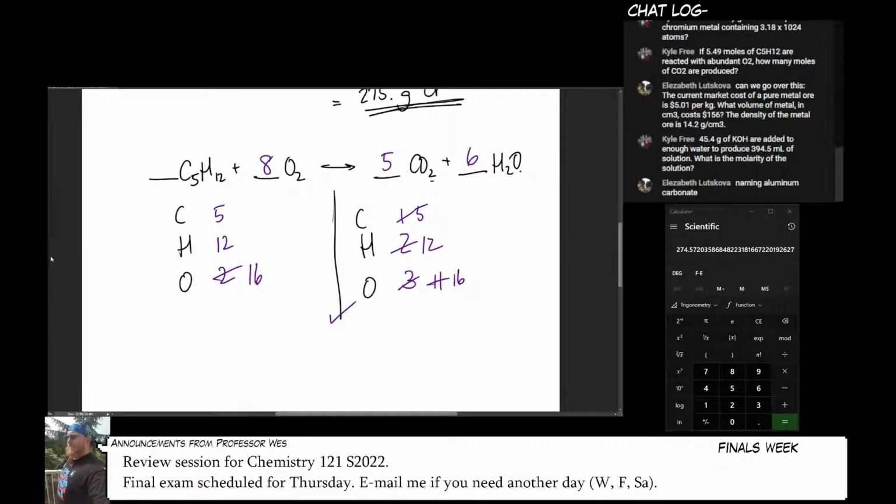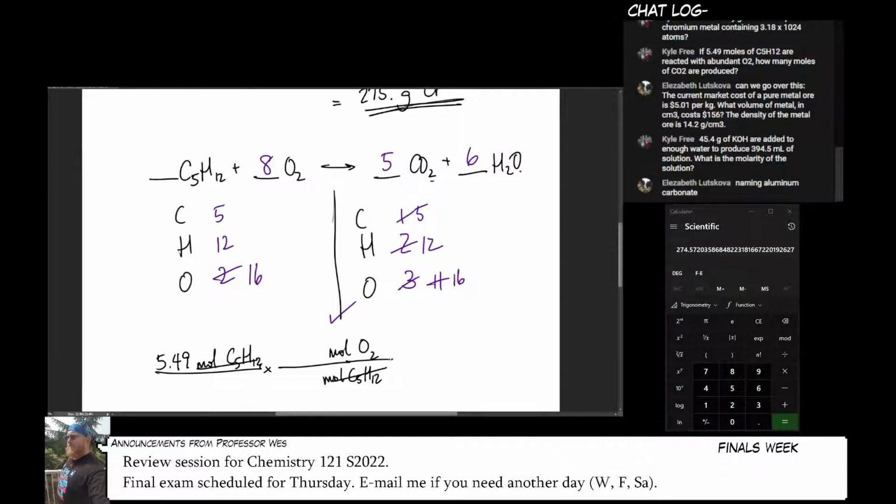So if this is all balanced and correct, then our problem would be asking us if I have 5.49 moles of this, and I wanted to figure out how many moles of oxygen reacted with it, I would do something like this. These units would cancel out. And I turn them into moles of O2. Oh, I'm sorry.